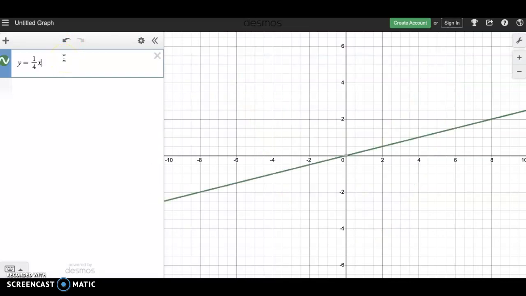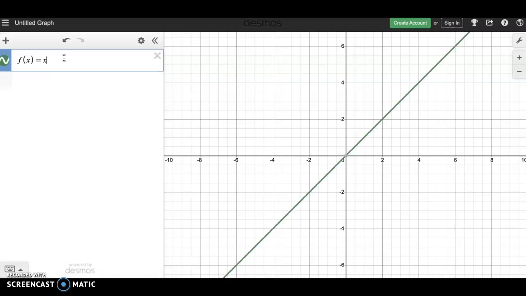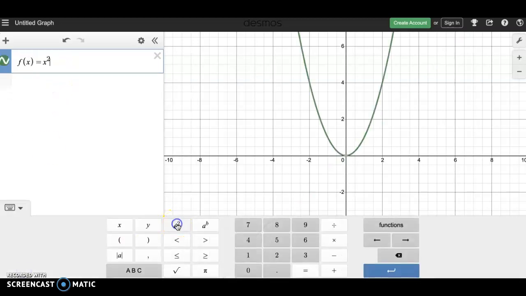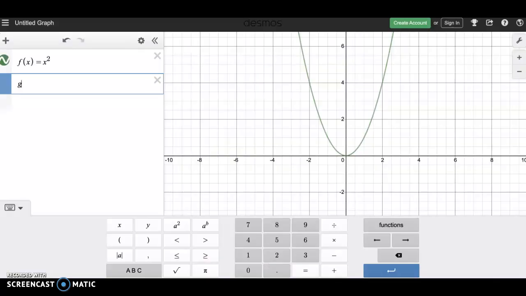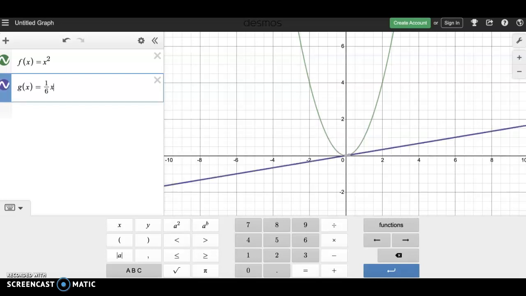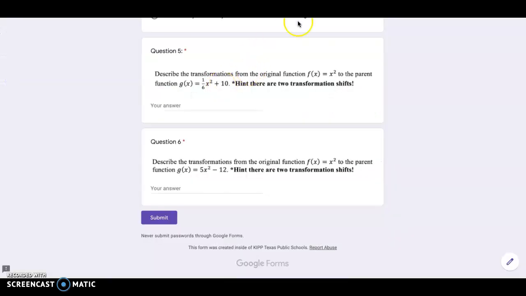Okay, so let's erase this. So f(x) = x^2, and then our parent function is g(x) = 1/6 x^2, plus 10.